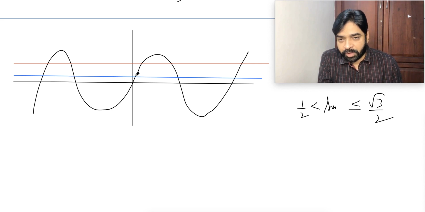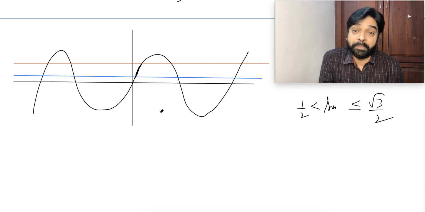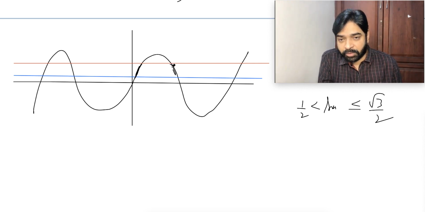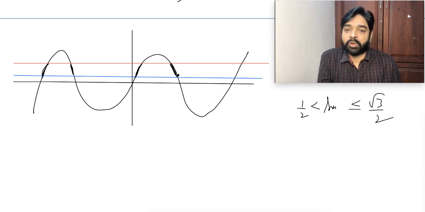Can you see this portion? But this is not the only portion. This is also. Remember, now it will become a pair. You cannot select only one. You have to select both the things.